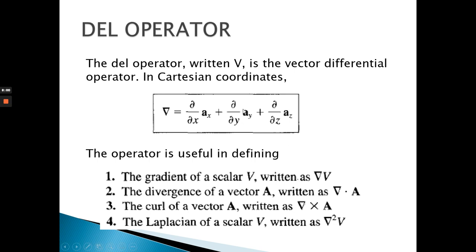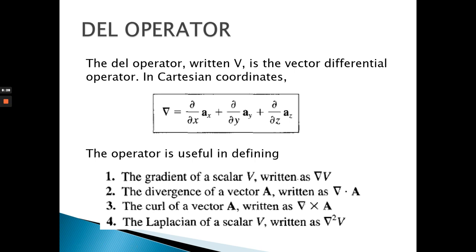In our whole classes of electromagnetics, we will always find this del operator. It signifies an operation, like plus or minus. If you put a minus sign somewhere, it will deduct, right?